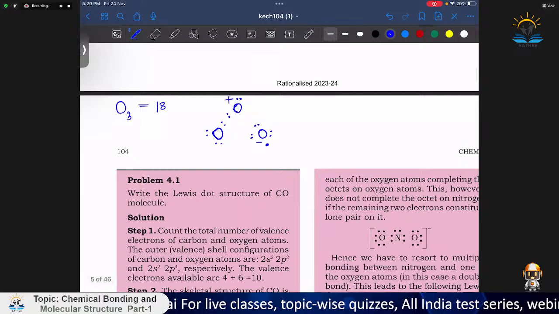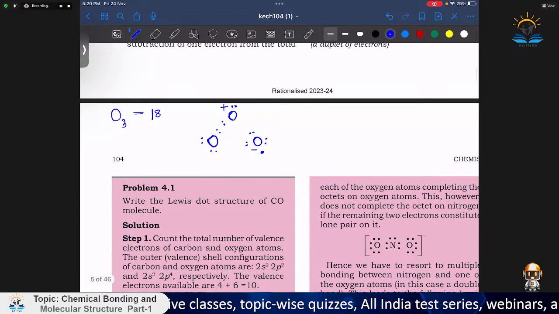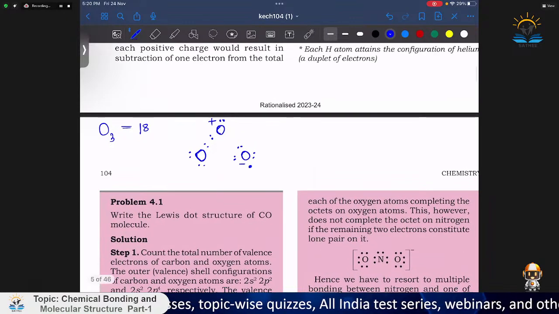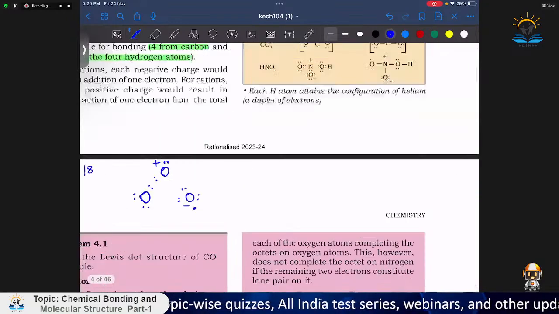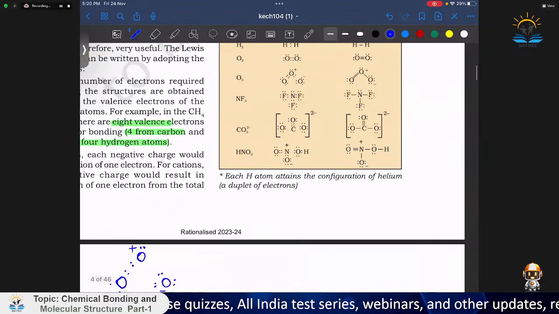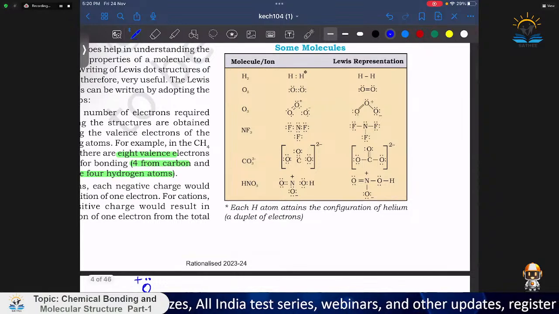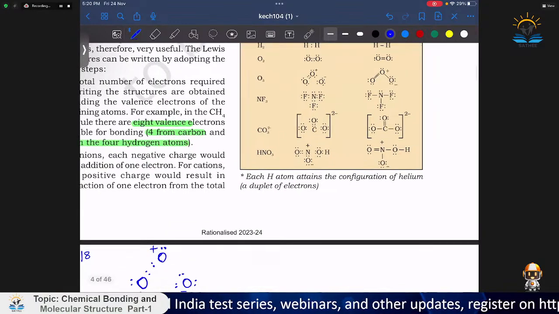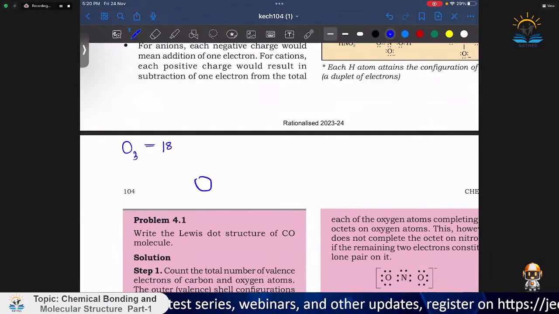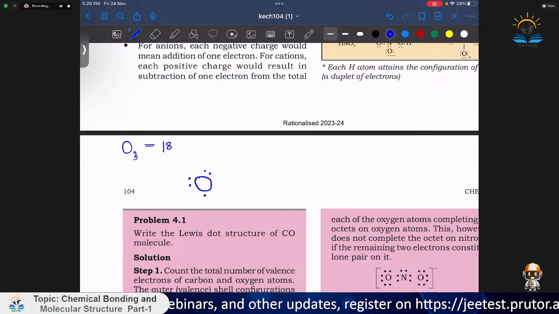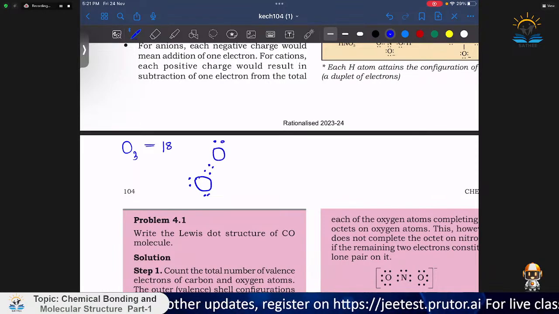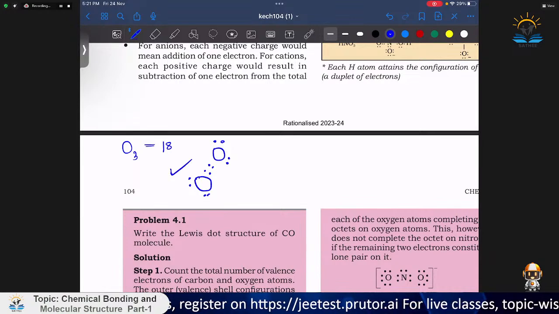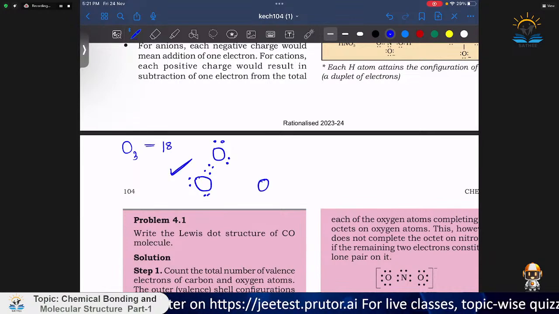Here we can see what is happening. I'll just show the formation in a stepwise manner. See, this is the first oxygen which we have, and it has 6 electrons. So it will give 2 electrons and bond with the second oxygen. This is done. Now comes the third oxygen.